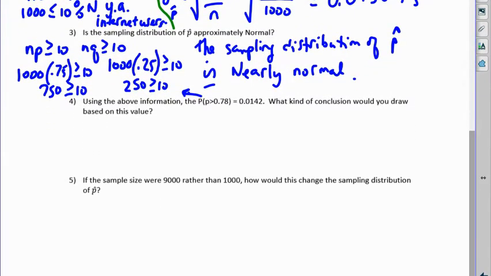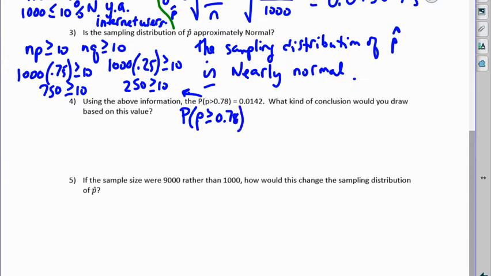Okay, so using this above information, someone found the probability of p hat being greater than 0.78. And I could have also written it like this. It actually would not change the probability at all.